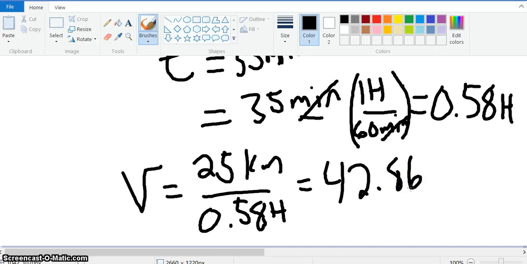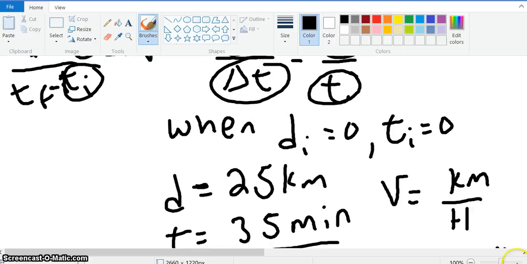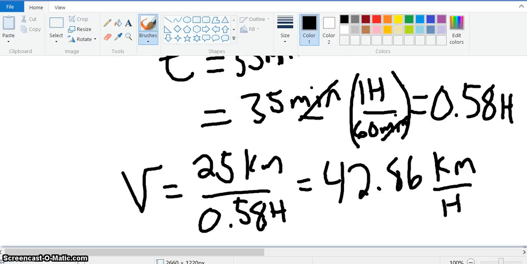You could have rounded that to 42.9, even 43 is close. And of course the units matter as well as the numerical value: kilometers per hour, right? Because the original problem asked us, what is the velocity in kilometers per hour? That's going to be very similar to one of your homework problems, or several of them.